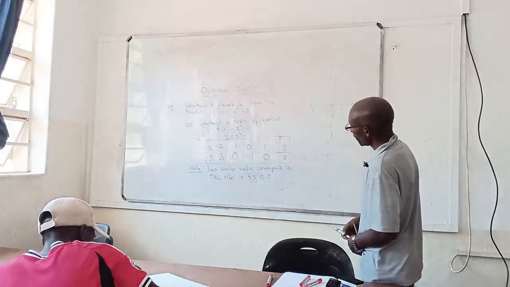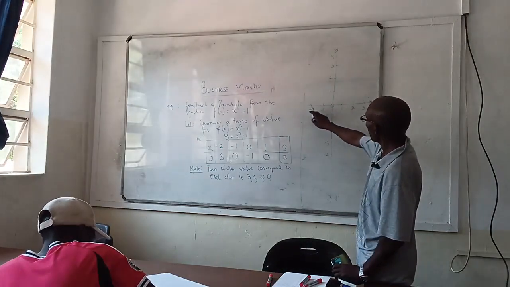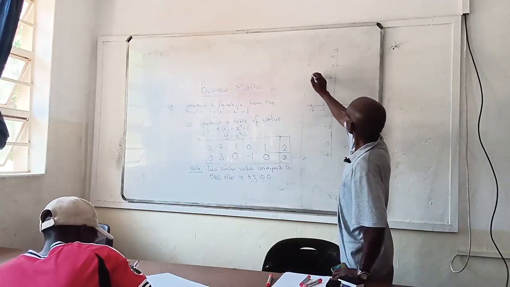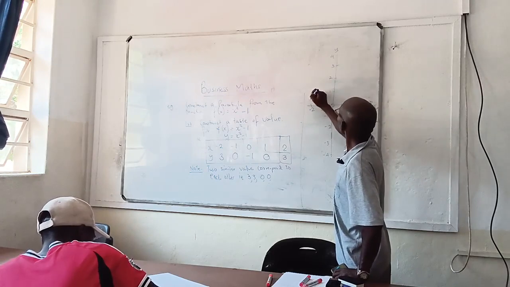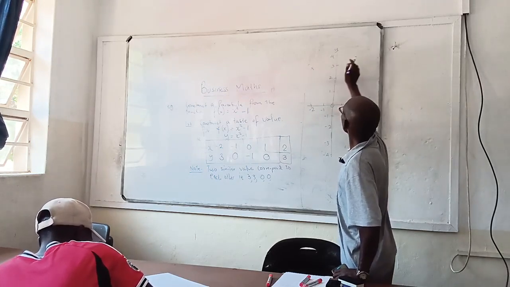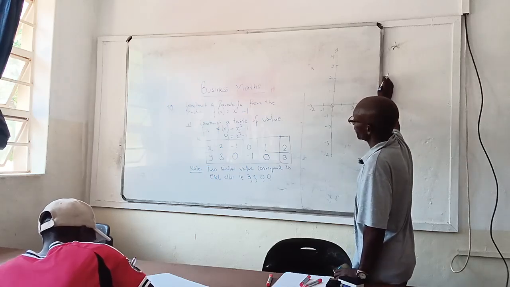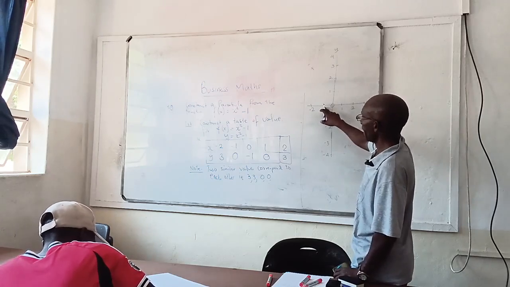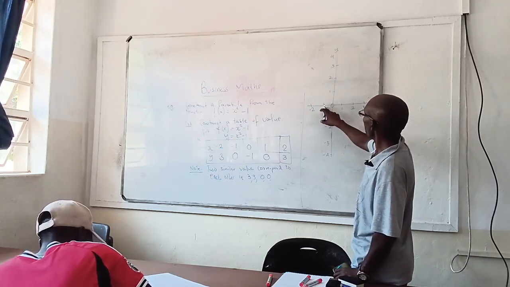When x is negative 2, y is 3. It is here. When x is negative 1, y is 0.